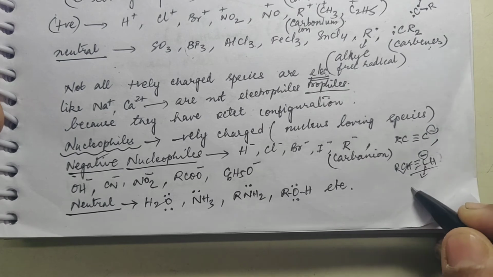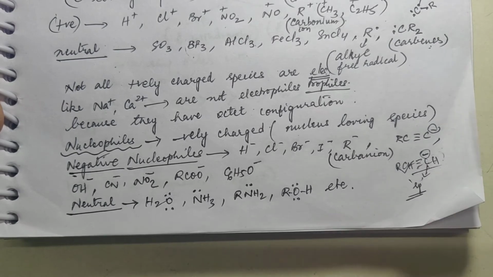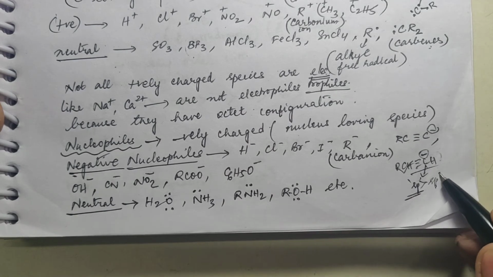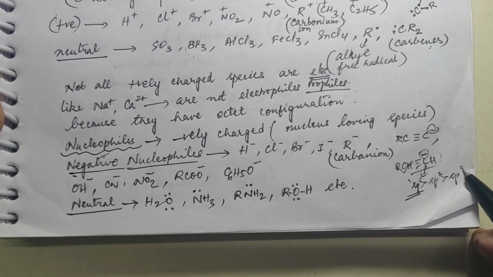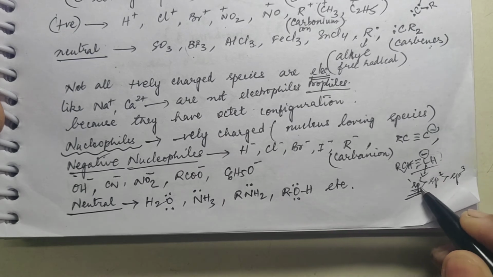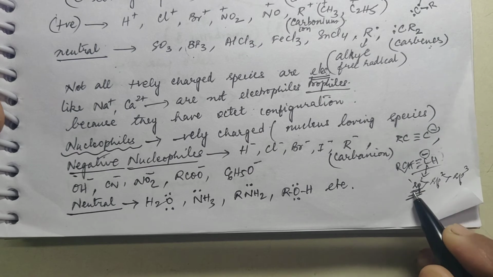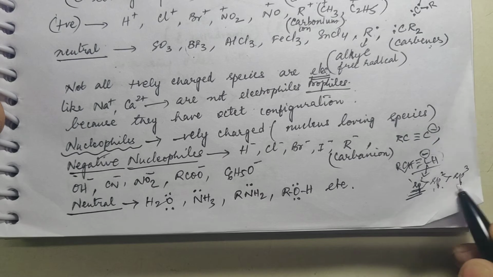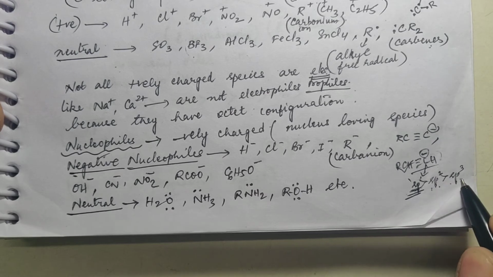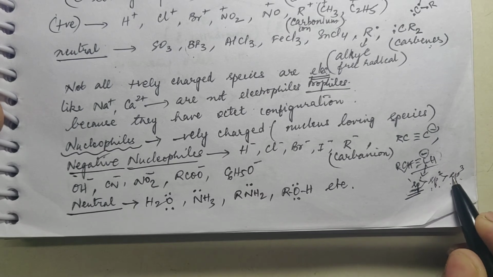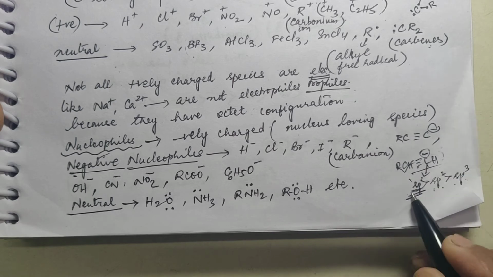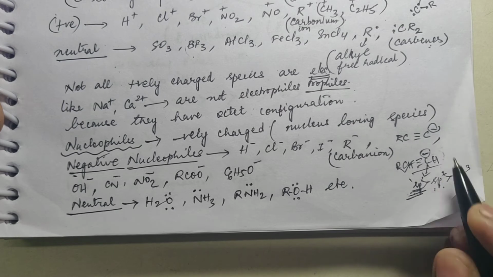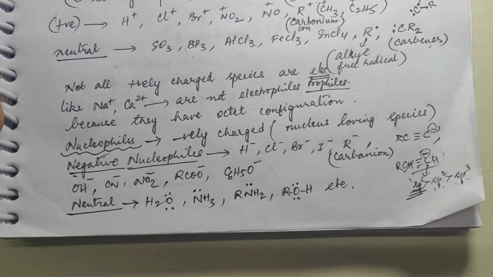Triple bonded carbon is sp hybridized, and sp hybrid carbon is more electronegative than sp2 carbon, which is more electronegative than sp3 carbon. Because of s character: here it is 50-50 proportion, here 33-66, here 25-75. So this has the least s character, so it is the least electronegative, and this has 50% s character, so it is the most electronegative. Okay, that is why it is possessing a negative charge.